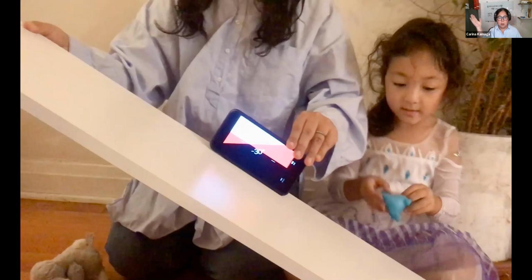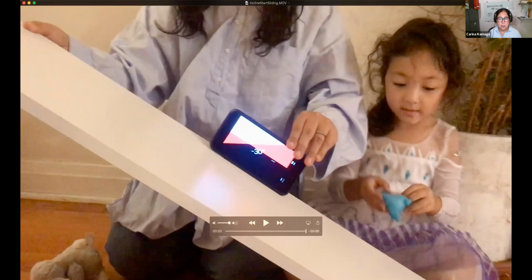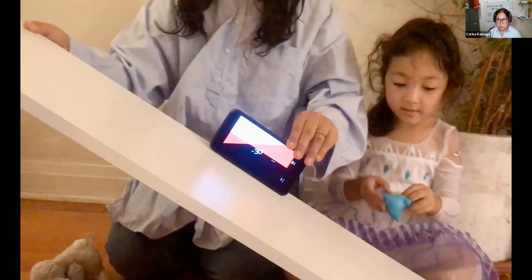Therefore, friction force also decreases, but the parallel component that pushes the dinosaur down along the plane increases. So at 30 degrees, the dinosaur starts sliding and the friction force has changed to the kinetic friction force.